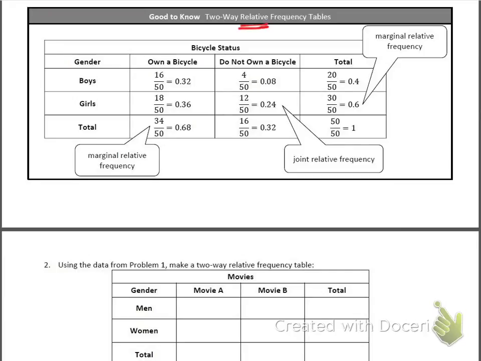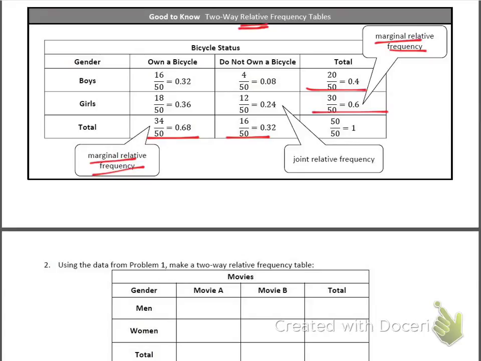So this is the same bicycle status question that we did just a few minutes ago, but this time I'm looking for relative frequencies. So the marginal relative frequency is still in the margins. So you're still talking about these boxes. The only difference is that I put it all out of 50. Why would my denominators be 50? Because the grand total is... Exactly. The grand total is 50.